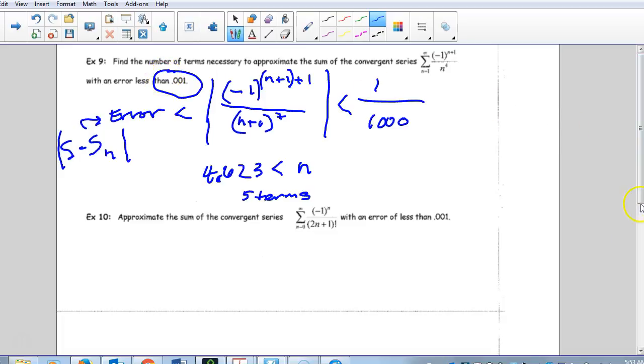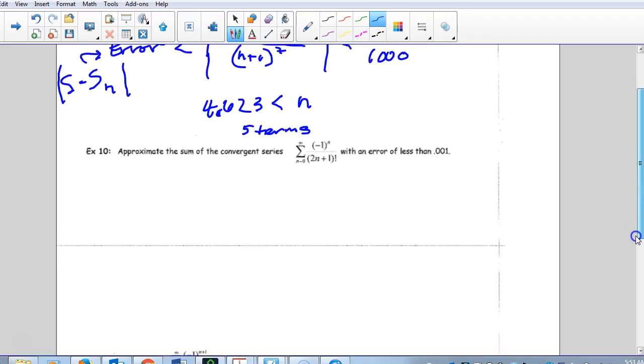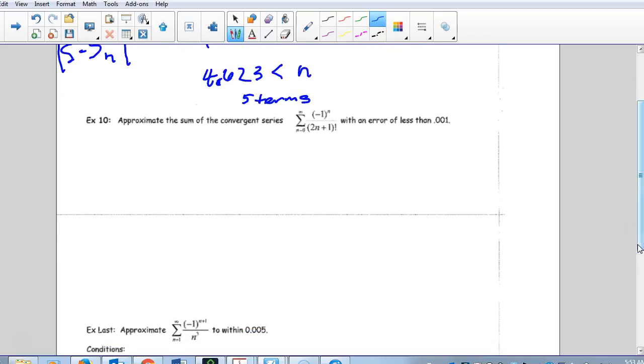Okay, so here comes another one. Approximate the sum of the convergent series. Now, the catch with this one, and we really haven't talked about this yet, is what do I do if there's a factorial? I mean, you do n plus 1 factorial, and then how do I figure that out? I don't know how to solve for a factorial. So here's where you start.